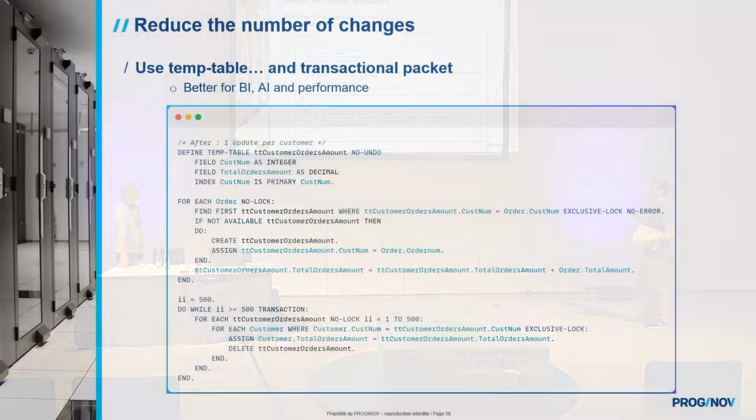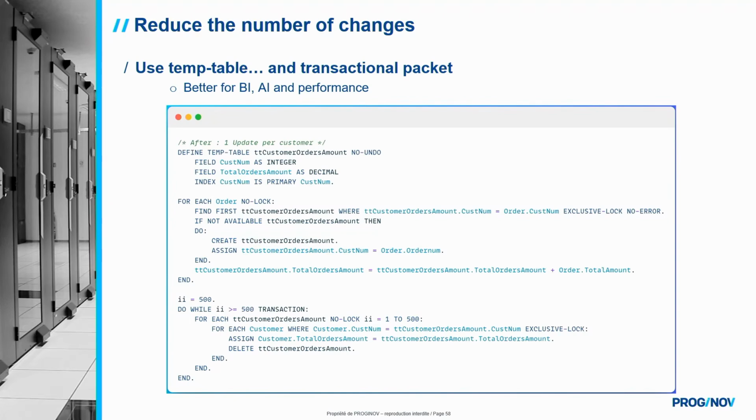And we can do even better here by using transactional packets. This will allow us to use only one transaction for, for example, 500 changes.